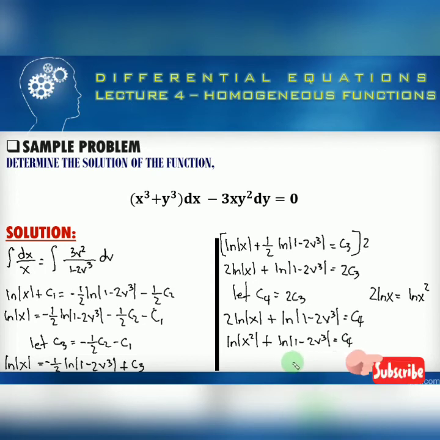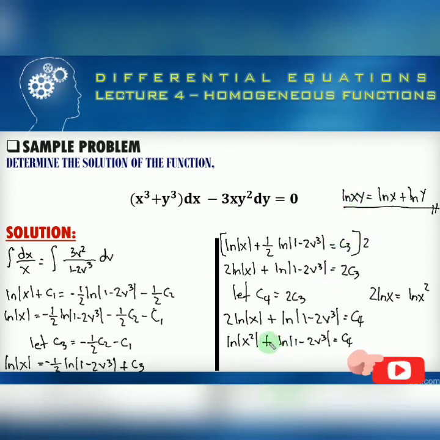And after this one, we have another property of the natural logarithm that says ln xy is just equal now to ln x plus ln y. So try to remember this property of the natural logarithm, in which we will apply it here also.